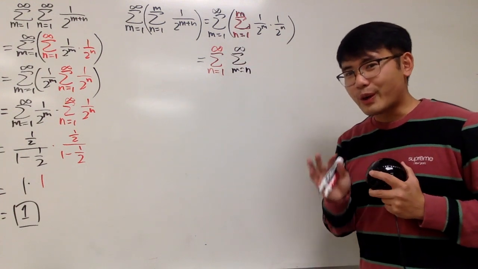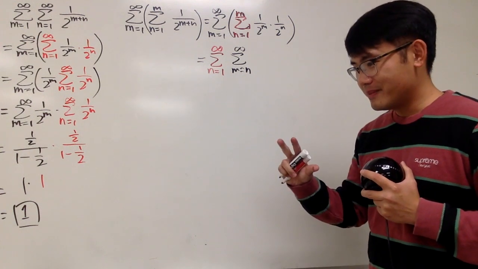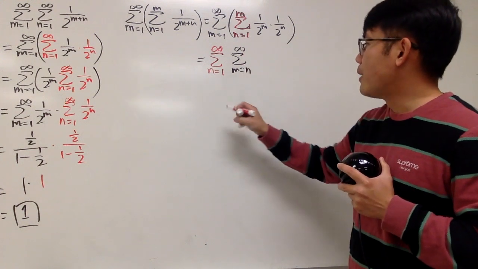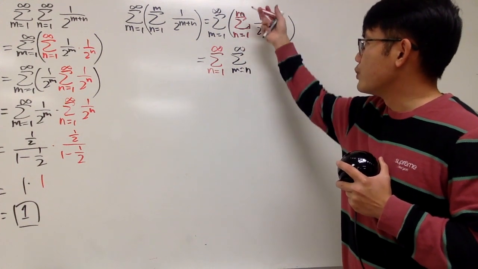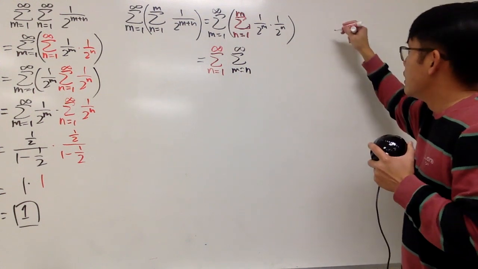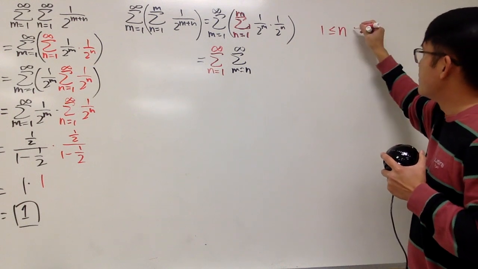I will give you guys a quick explanation on why this is true by using some inequalities. If you look at the m part right here, n goes from 1 to m.